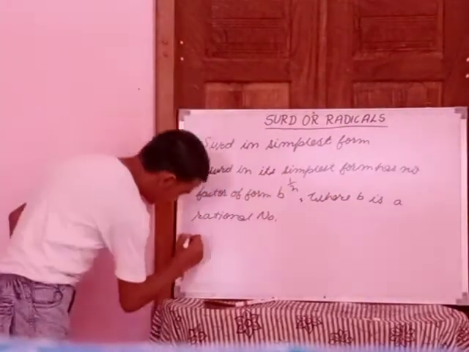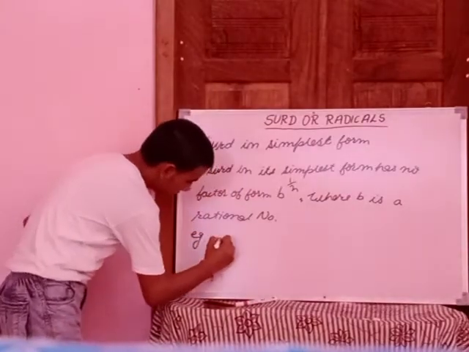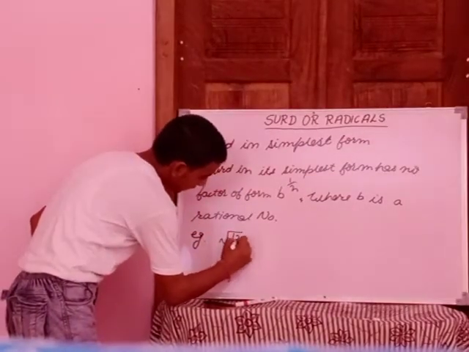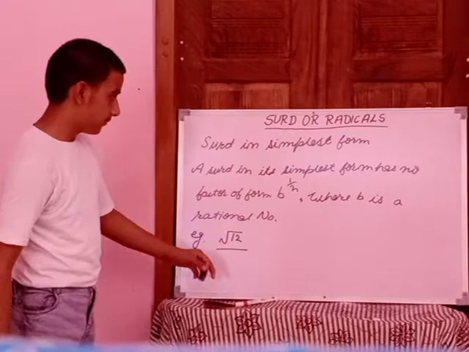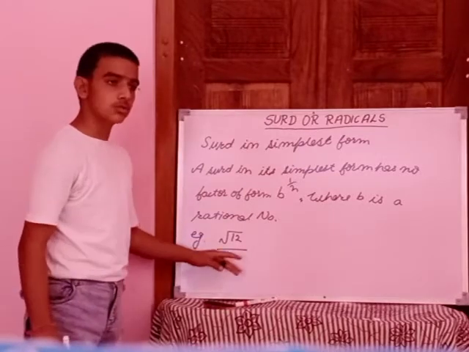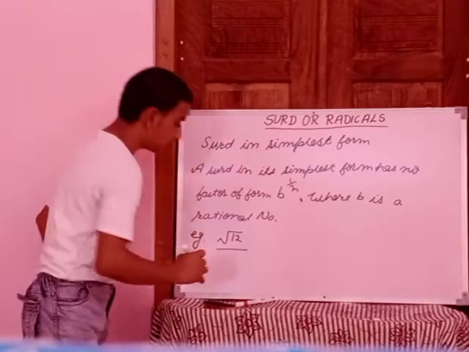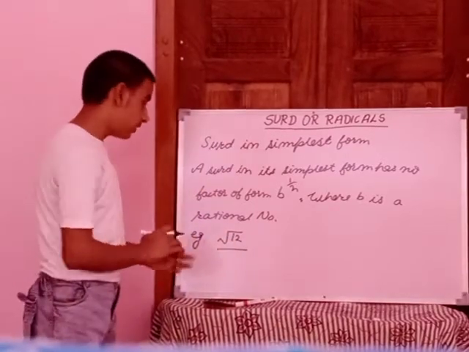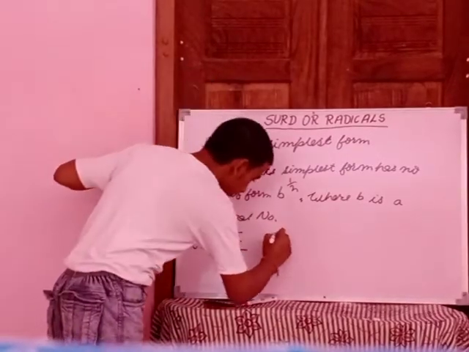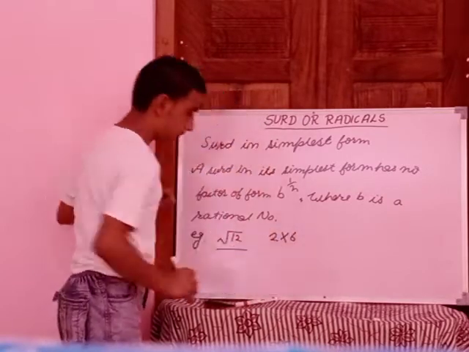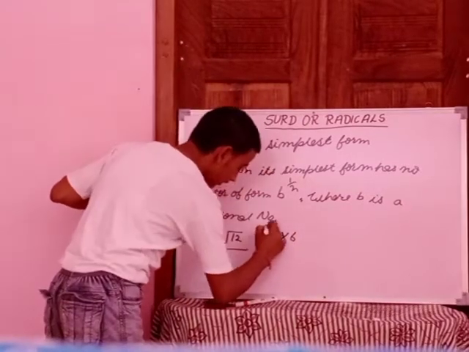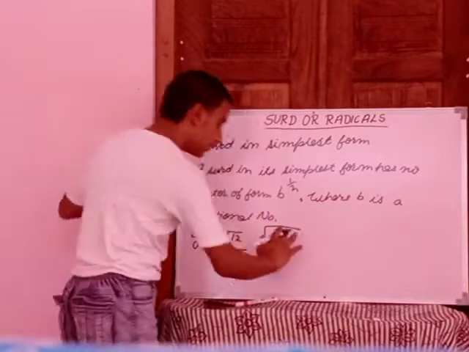For example, this is a surd which is not in its simplest form. Now to write it in its simplest form, we find its factors. Its factors would be 2 into 6, and 6 can be written as 2 into 3.